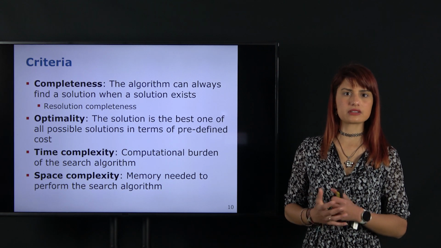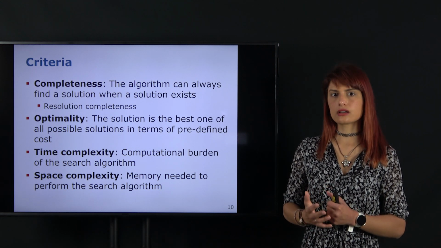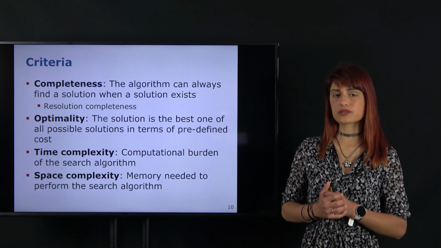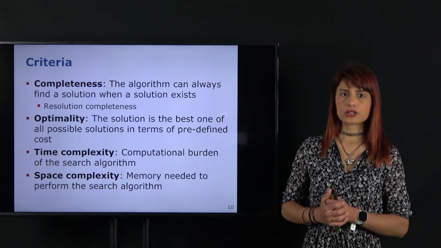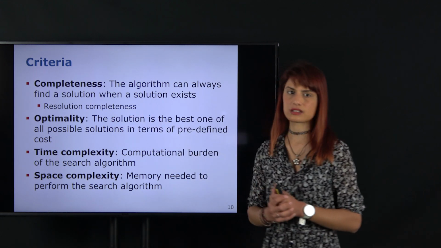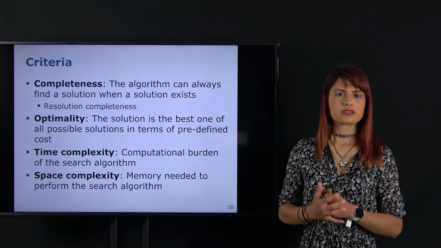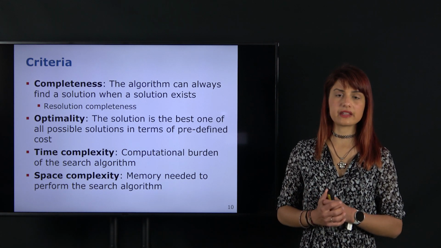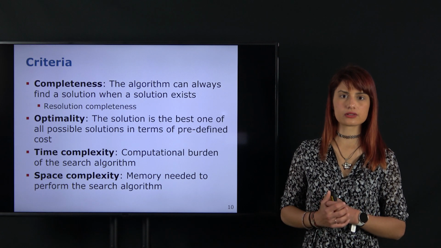And if there is no solution, can our algorithm report that? Especially relevant for grid-based representations is the concept of resolution completeness. This is where we say if the underlying grid is fine enough, then the algorithm can find a solution.